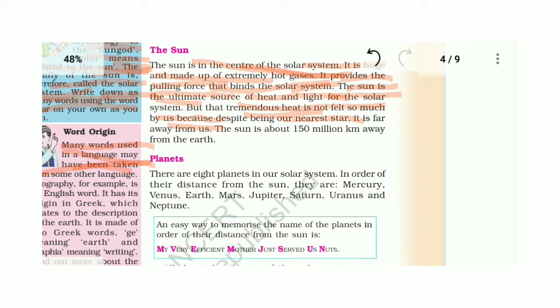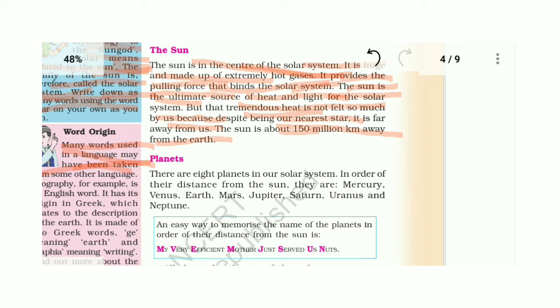We get a lot of impact, but not that much, because it is 150 million kilometers away. Here again is a fact, and if the question paper is very factual, then this is definitely going to help you: the sun is about 150 million kilometers away from the earth.